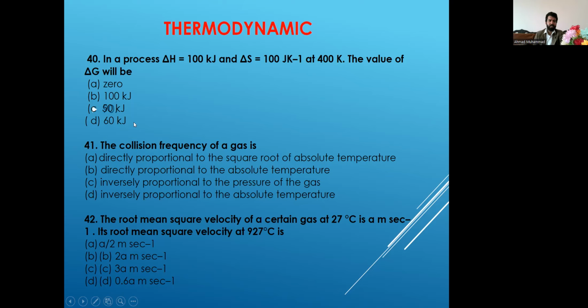So the right option from these options is D. If you calculate the Gibbs free energy by putting these values into the Gibbs free energy formula, you get the value which is 60 kilojoule.